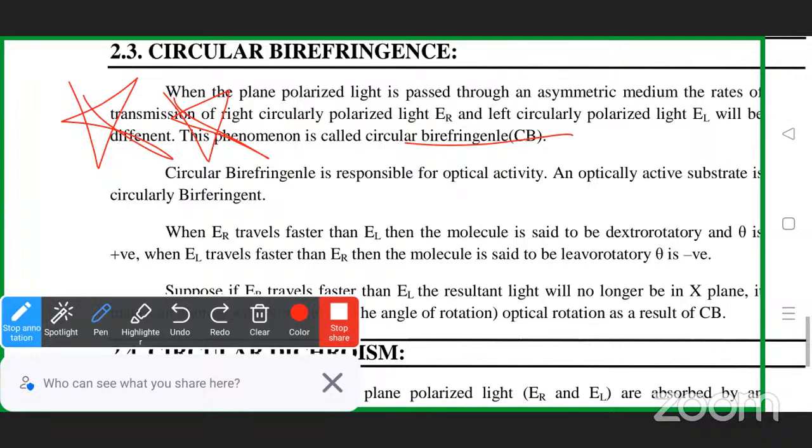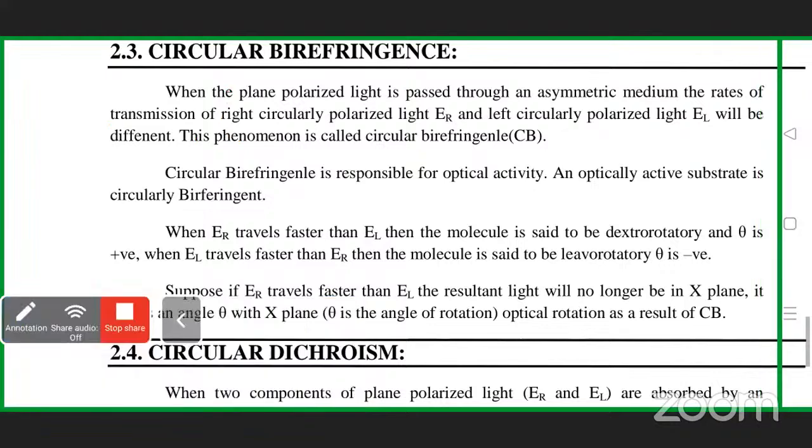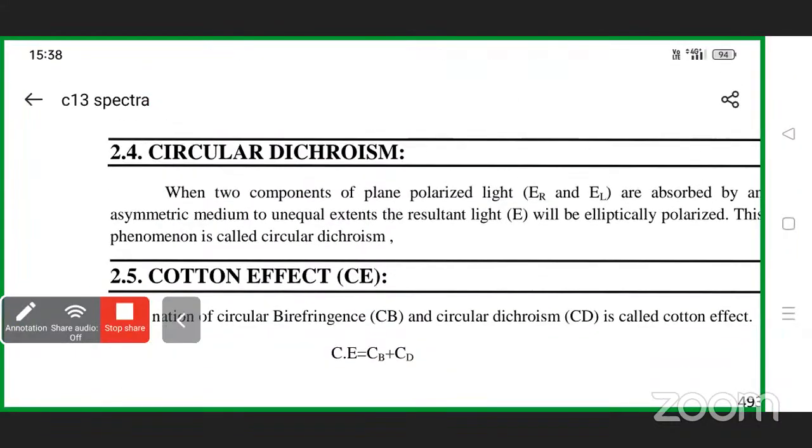And that phenomenon is called circular birefringence. Now, circular dichroism.